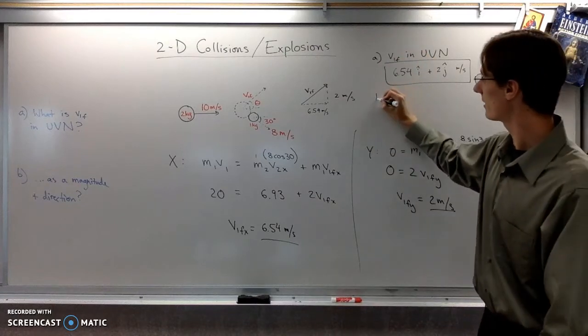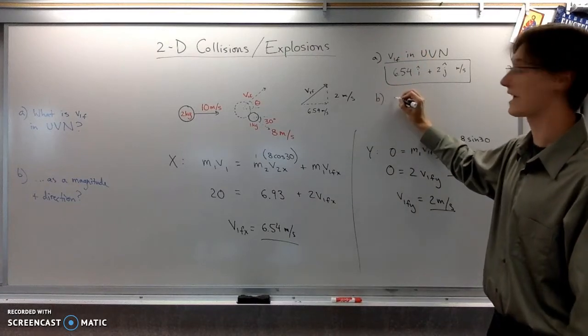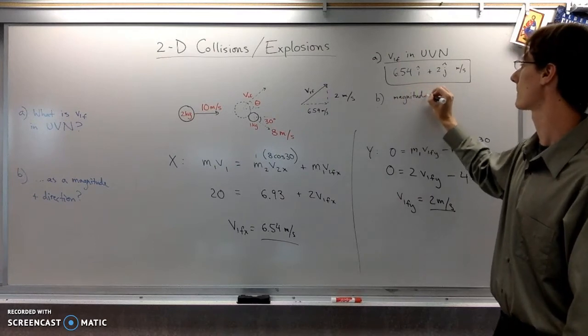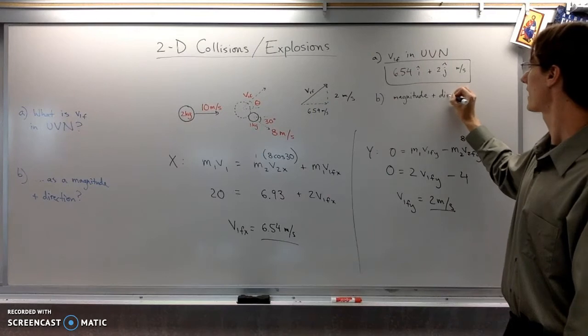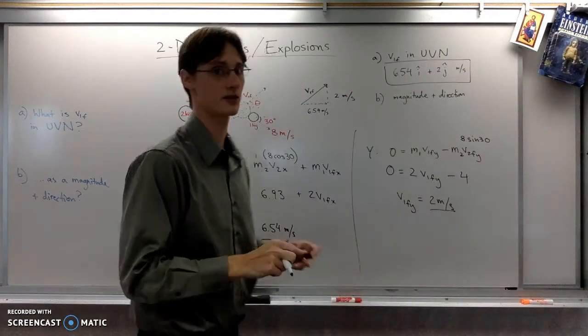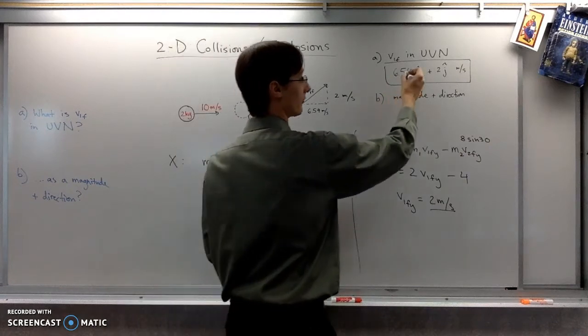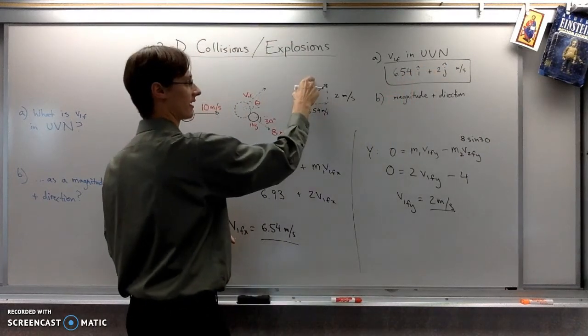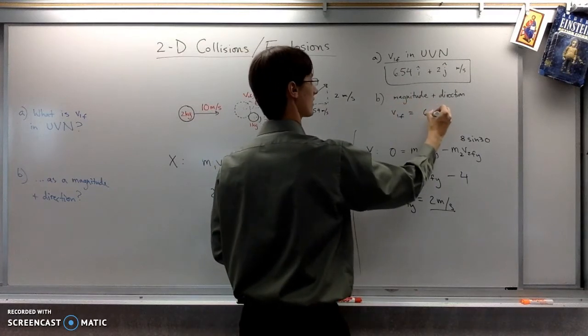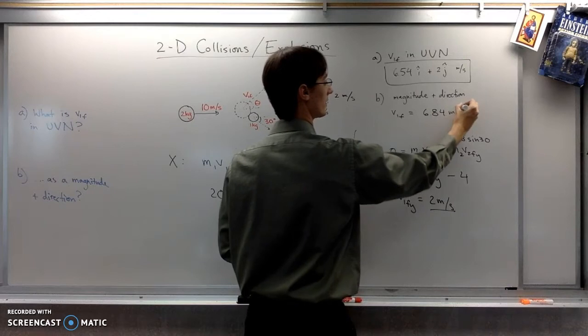All right, or they might ask for the final velocity as a magnitude and a direction. And if they ask for that, then we've got a little bit of Pythagorean theorem and a tiny bit of trigonometry ahead of us, right? If we Pythagorize this to find the hypotenuse, we're going to come up with V1 final is 6.84 meters per second.